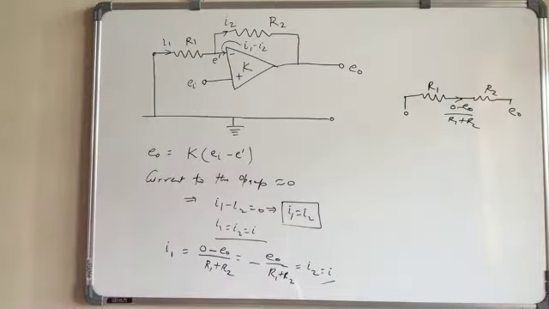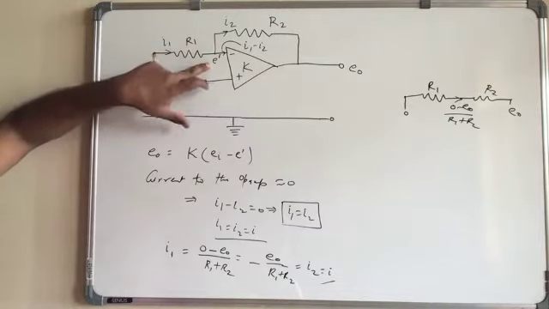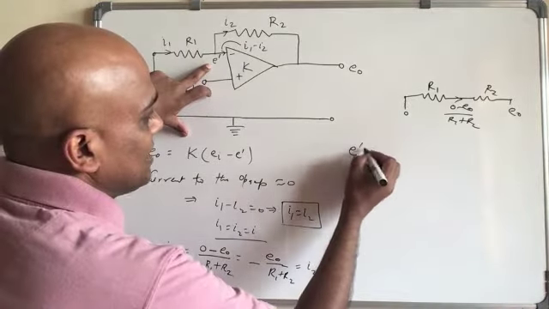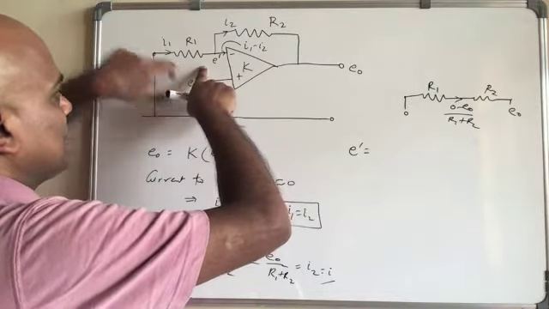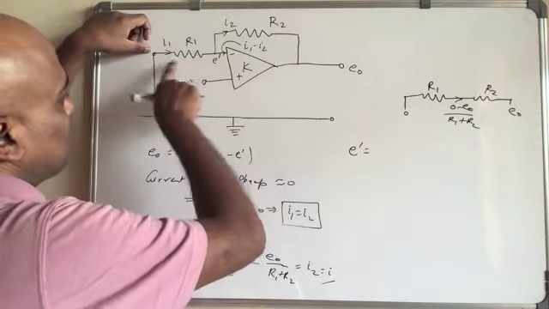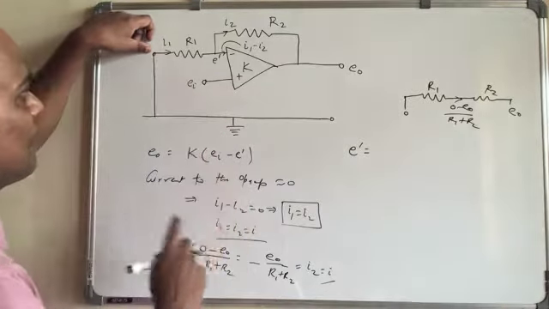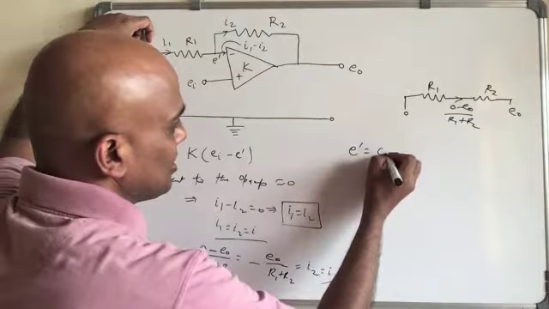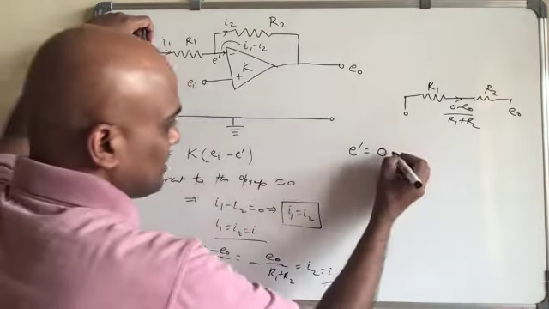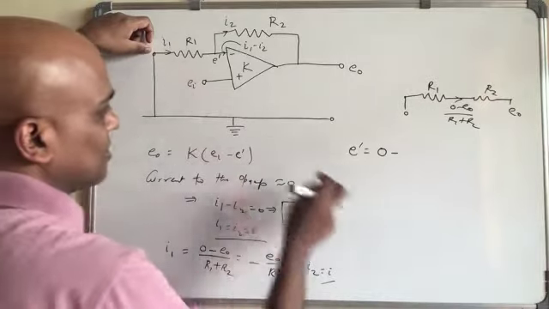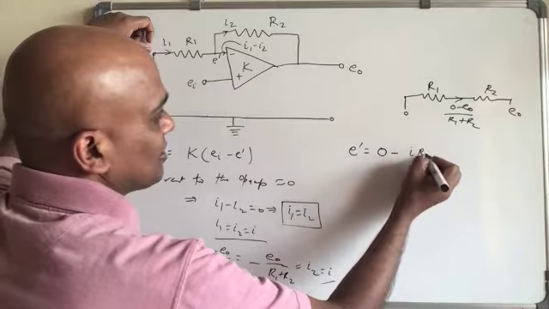Hence you can find out E dash now. Whatever current is flowing, this will be at lower potential, but how much? From here to here there will be a drop, multiplied by I times R1.